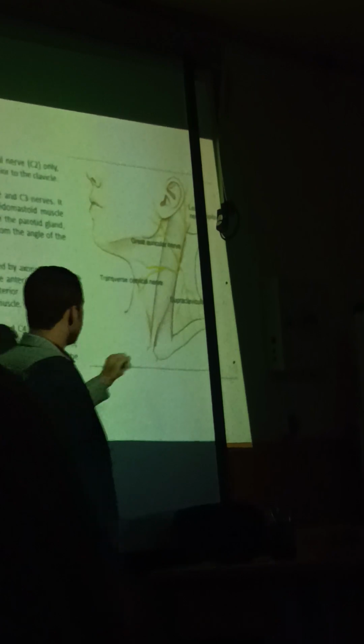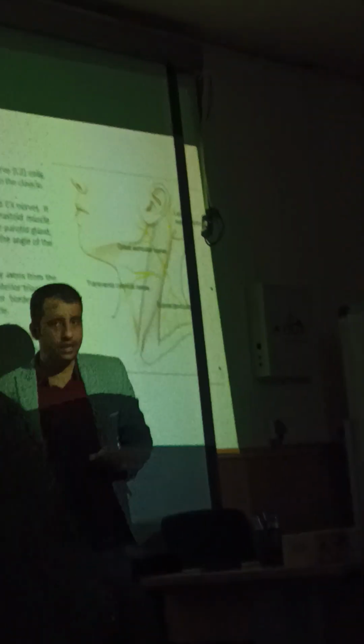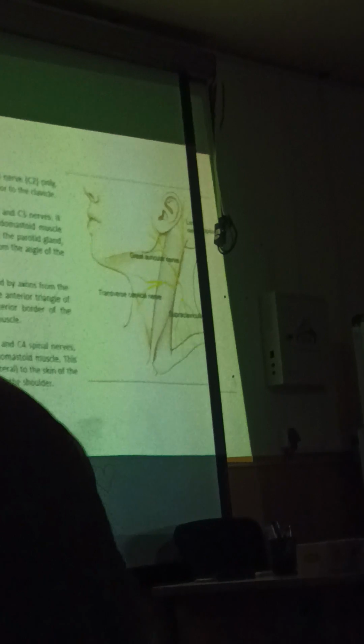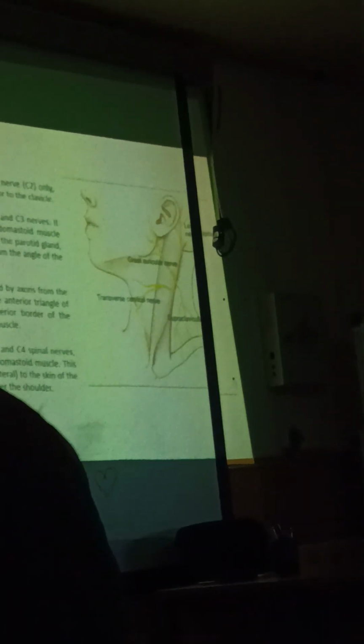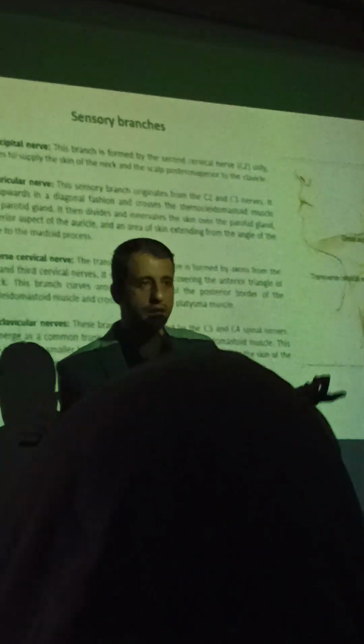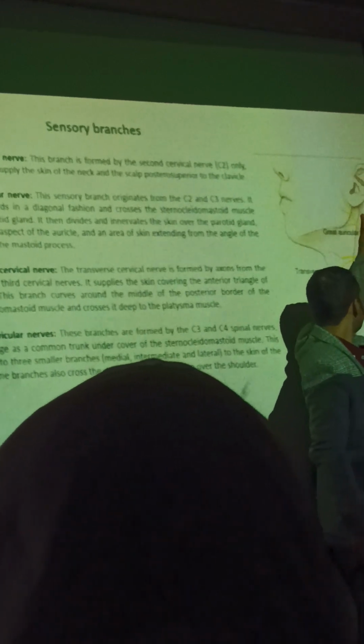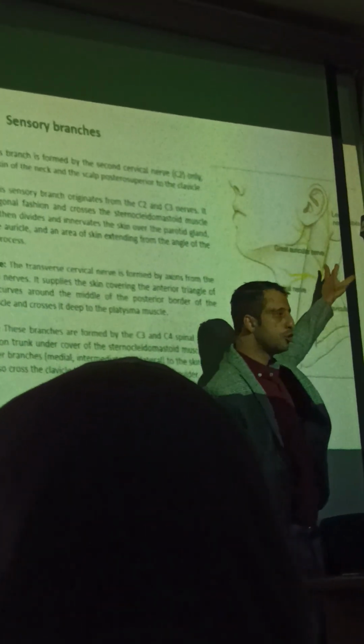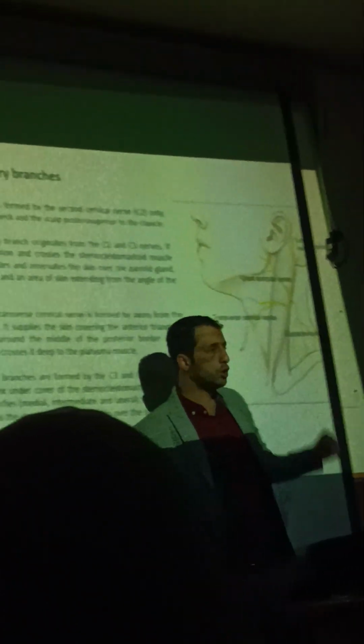Another branch is the great auricular nerve. Great auricular nerve travels superiorly just parallel to the external jugular vein. External jugular vein is located anterior to the SCM. Okay? So it is traveling over the SCM, and posterior to the external jugular vein we have this nerve, great auricular nerve.